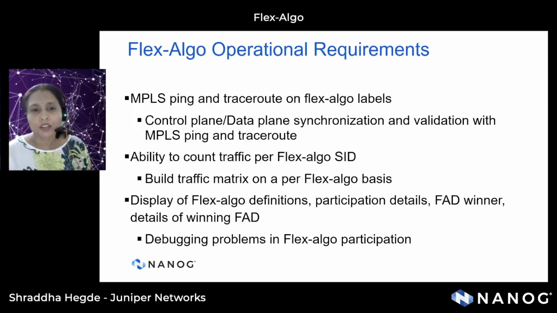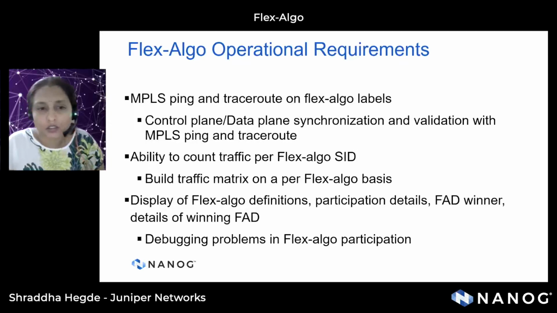So the next thing is some of the requirements for debugging. For example, there may be certain problems in the network, misconfigured FlexAlgo definitions, like if you have configured FAD on two nodes and there are some config mistakes, and then you may have to debug that.